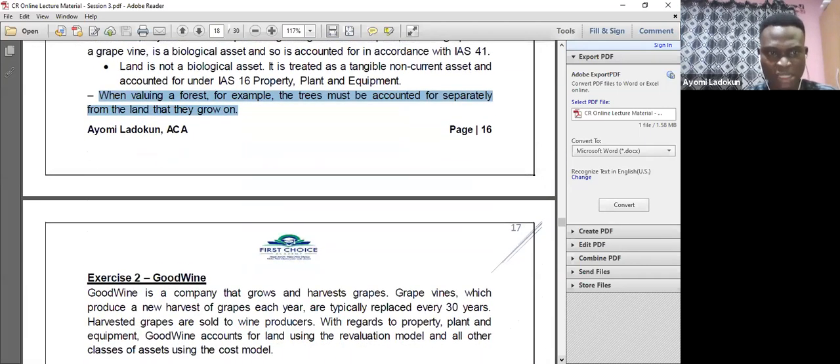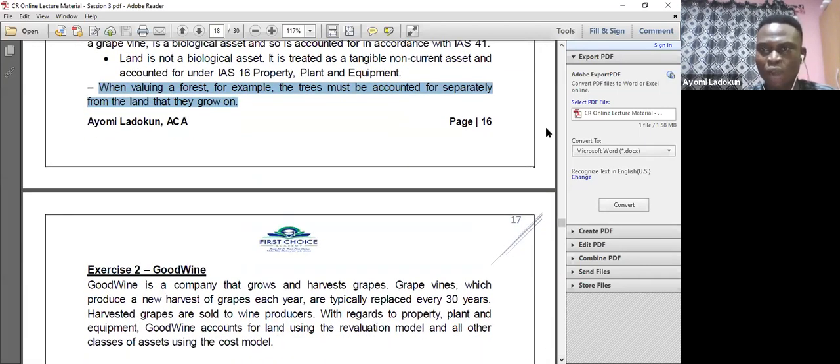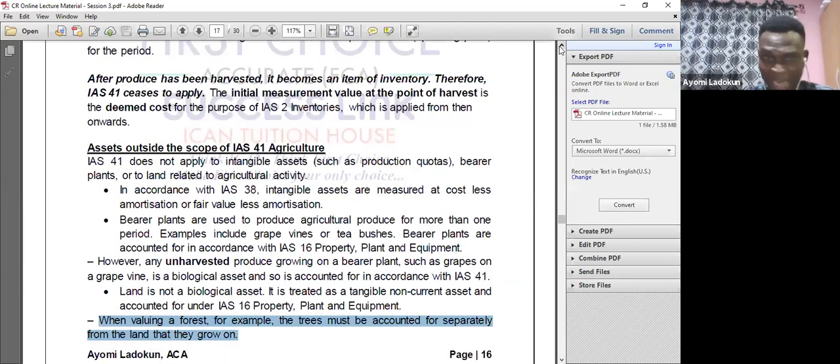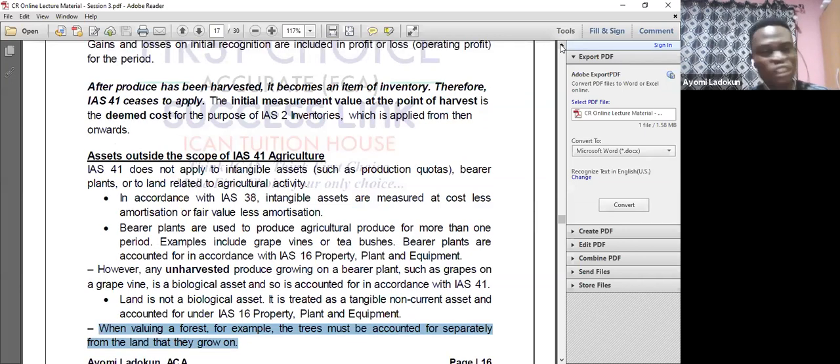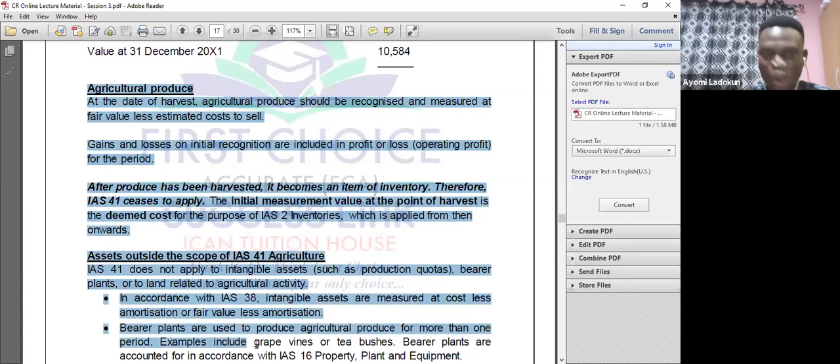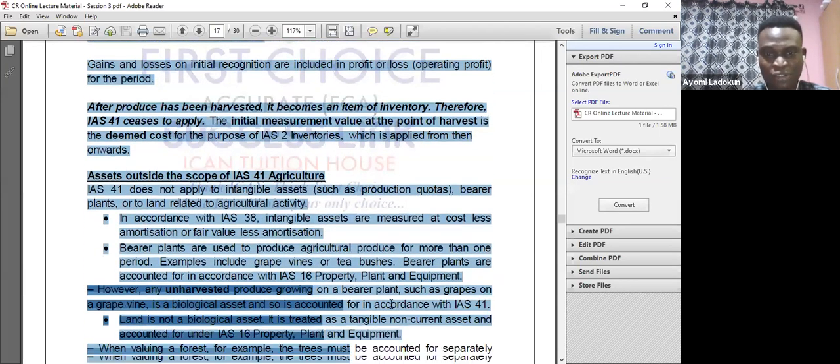So that's that. If you are comfortable with this segment, and this is highly examinable, the exams in both ACC and ICAN, all the questions they have ever asked on IS 41 are from this.